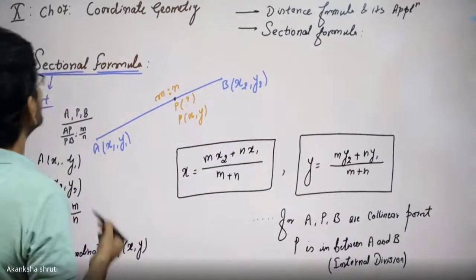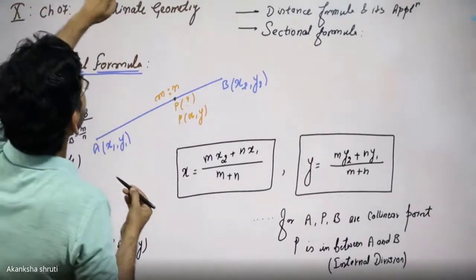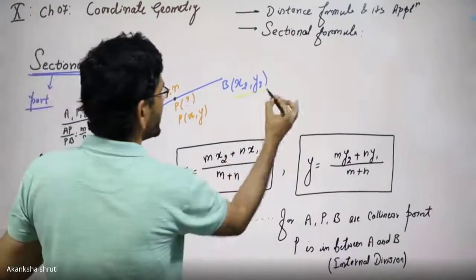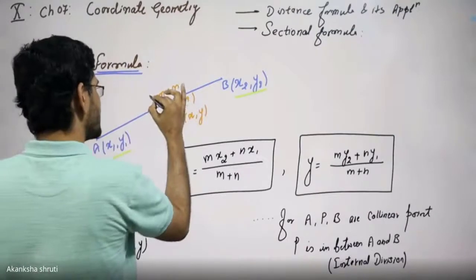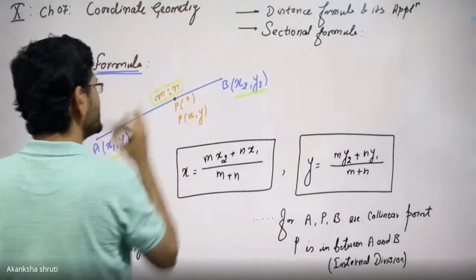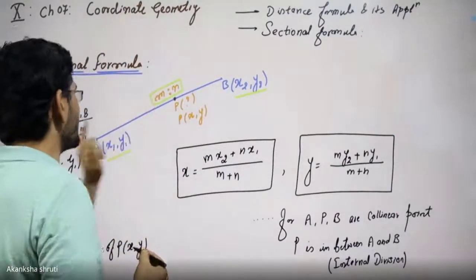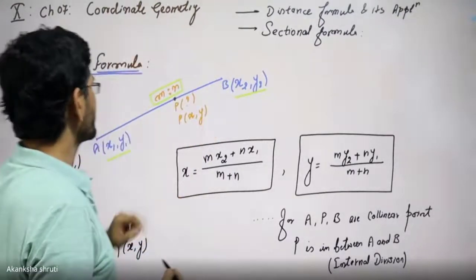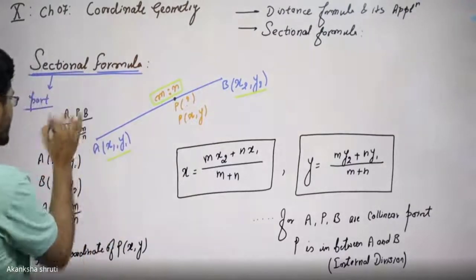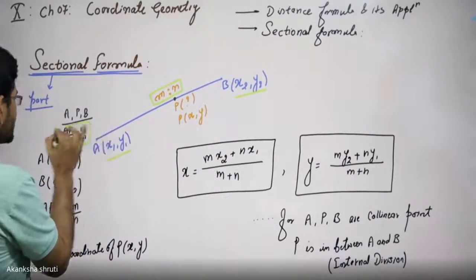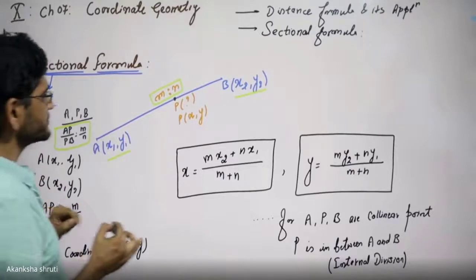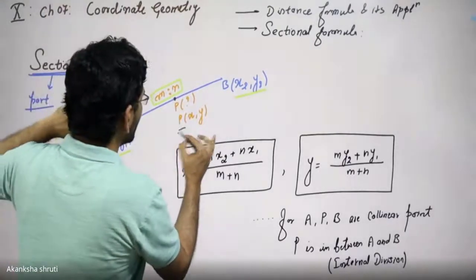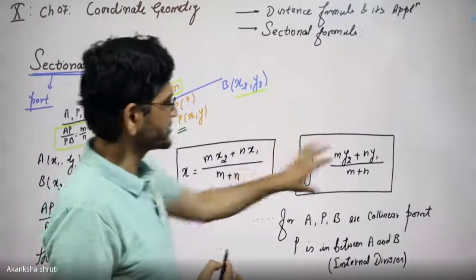Then, knowing the coordinates of A, B, and this ratio m to n, keep in mind, m is toward A, n is the length toward B. This m to n is our AP to PB. Then the coordinate of P can be determined by this formula.